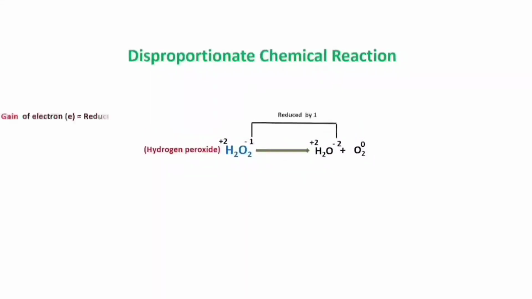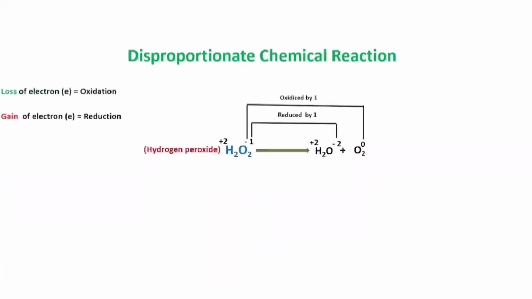So, in one half reaction, the oxidation state of oxygen is decreasing from -1 to -2, meaning it is reduced by 1, and reduction means gain of electrons. So, in this half reaction, oxygen is undergoing reduction. It is gaining 1 electron.